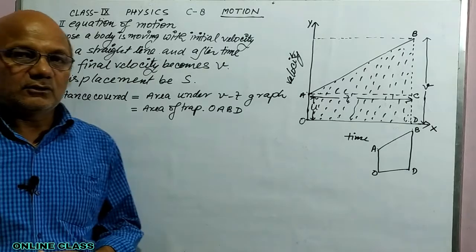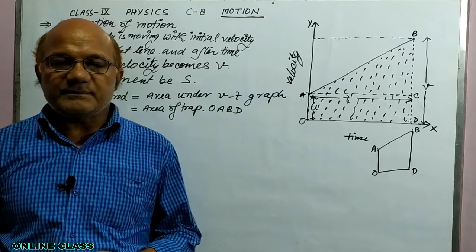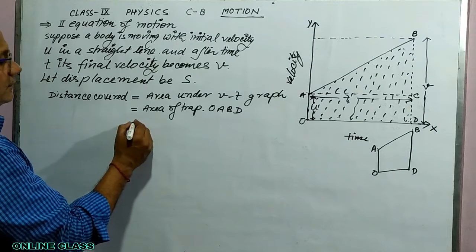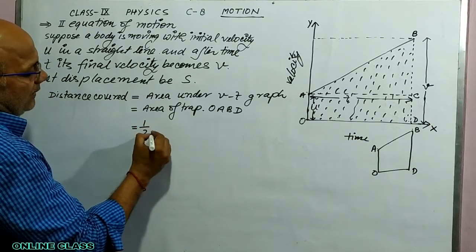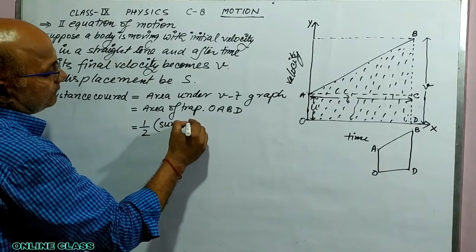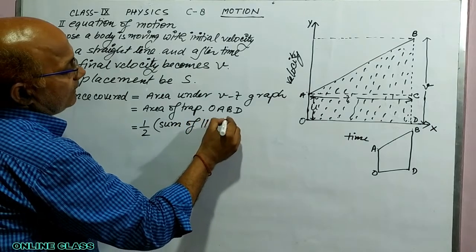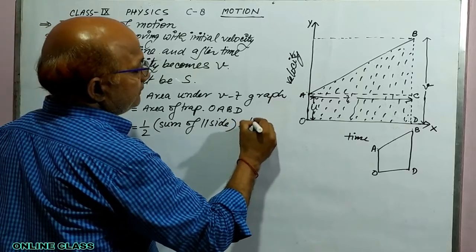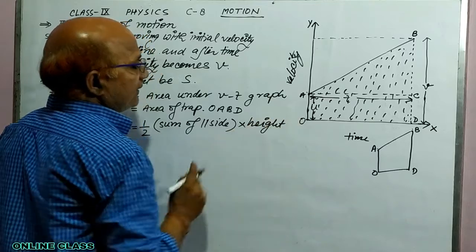Now, do you know the formula to find the area of a trapezium? This is half into sum of parallel sides into height.